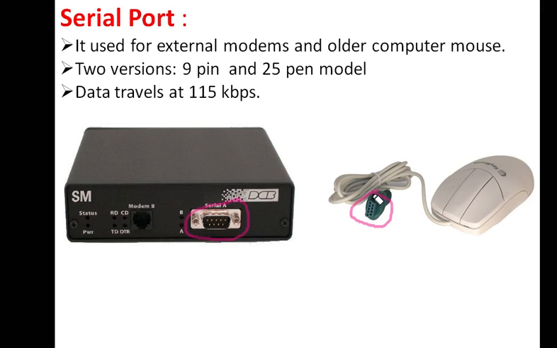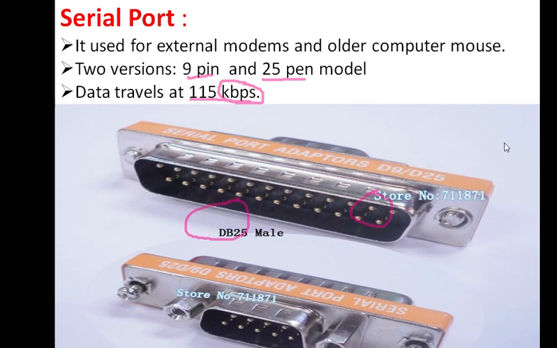There are two versions available of the serial port: one is 9 pin, another one is the 25 pin model, and data travels at a speed of 115 kbps, kilobits per second. How to read this? Kilobits per second.